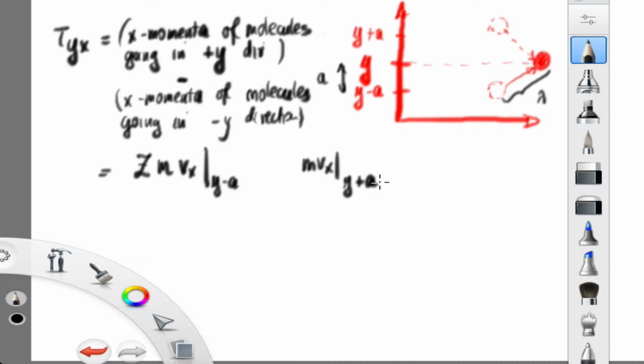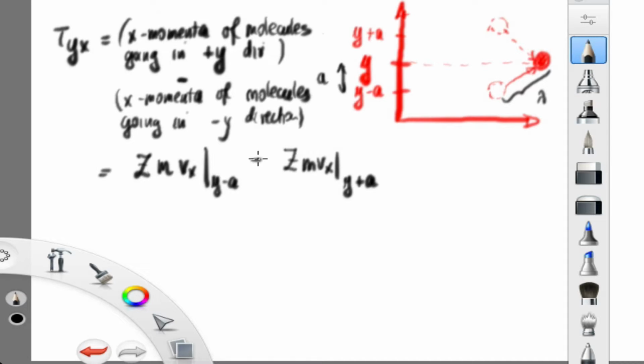And again, I have Z of those bombing my plane, and I have to subtract. Cool, now we just need to see what these velocities are.